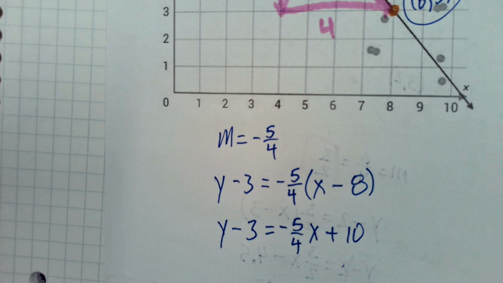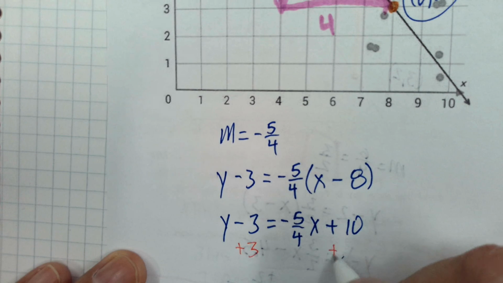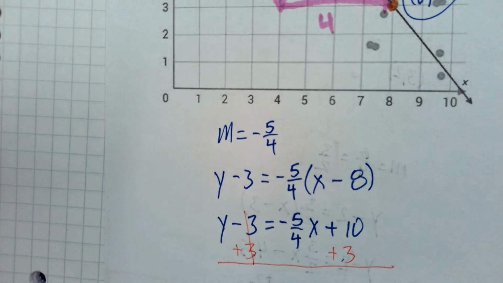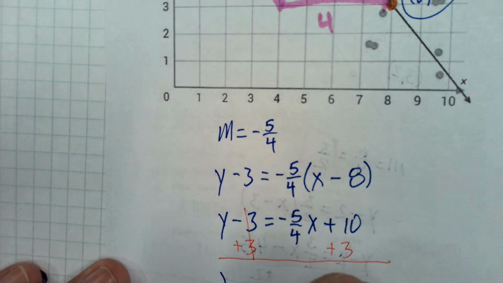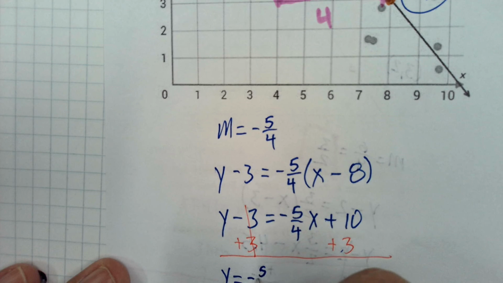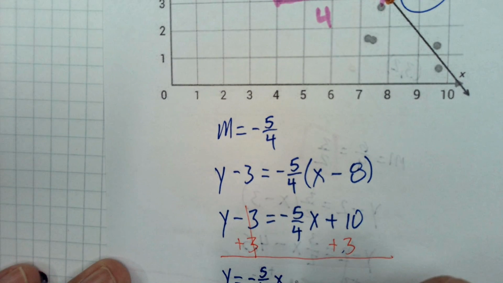Let's get rid of the 3. So we get 13. Y equals negative 5/4 x plus 13.